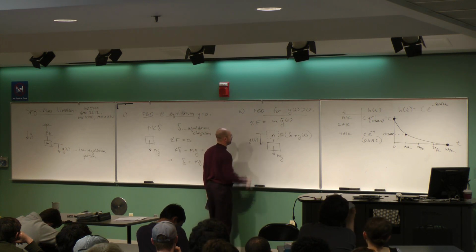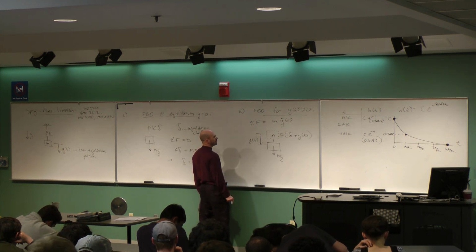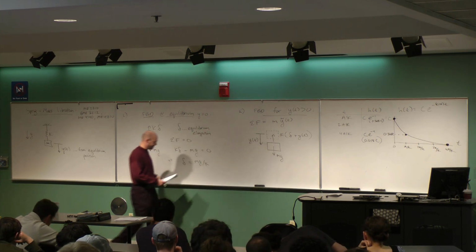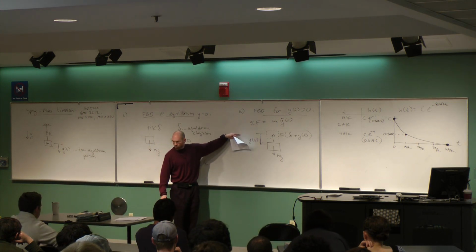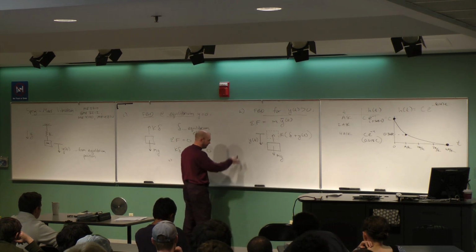All right, so let's add them. What are the forces? The sum of the forces are, what do you think? By the way, is positive y down or up according to this drawing? Down. So let's stick with the sign convention that we have in the picture.